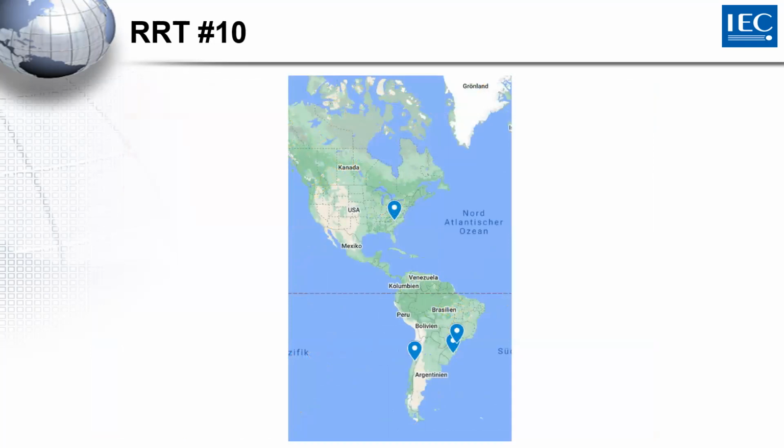Then we have the round-robin test number 10, which is actually called South America, but as you see, we also have one laboratory from the US which takes part and is testing that what is to be tested in this round-robin test. So this is a really good spread all over the world.